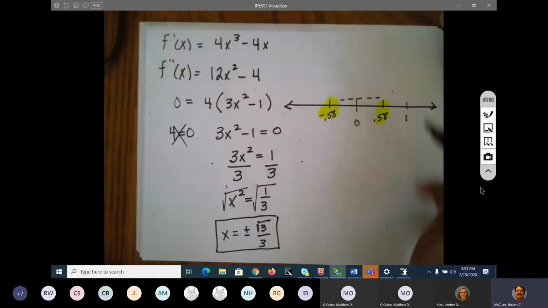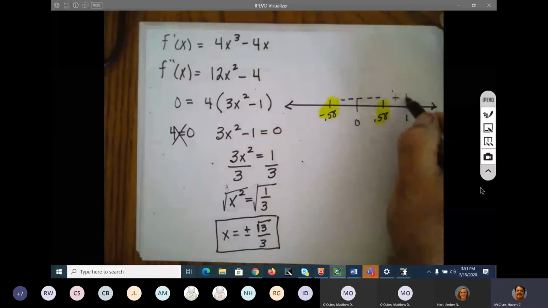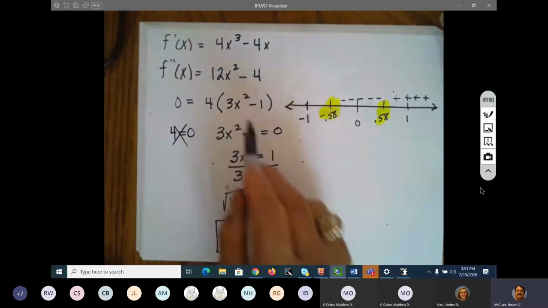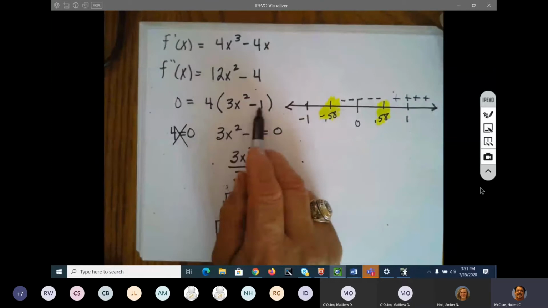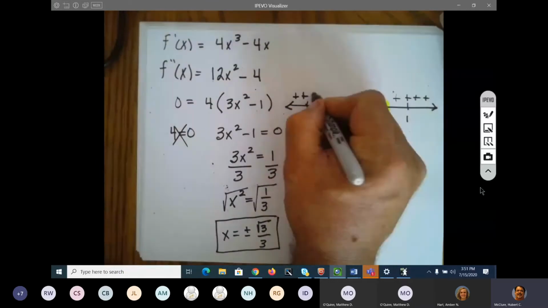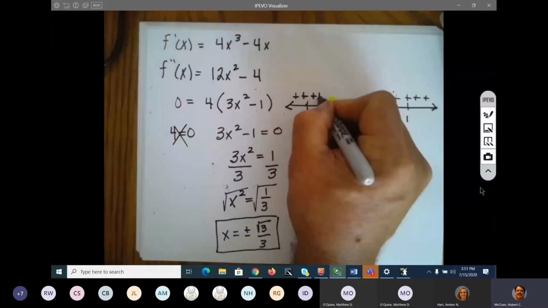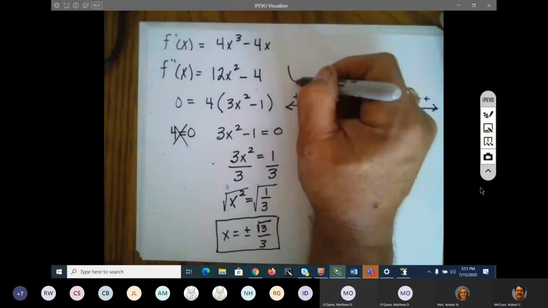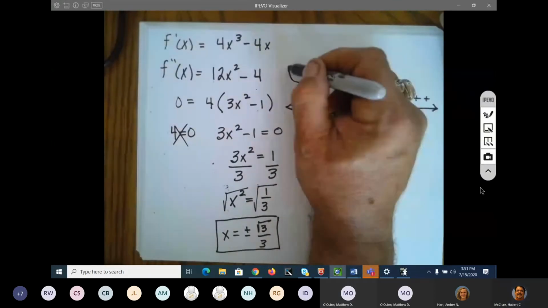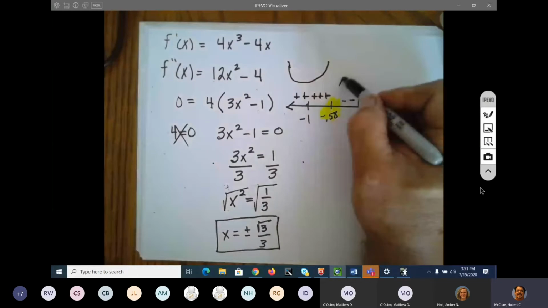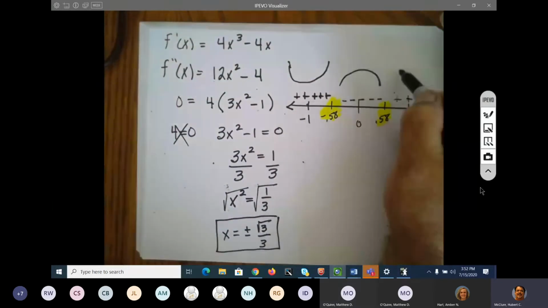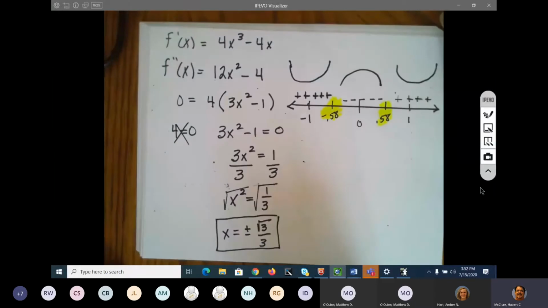And negative 1 squared is 3 minus 1, that's positive. So it looks like we've got concave up there, concave down here, and concave up there.